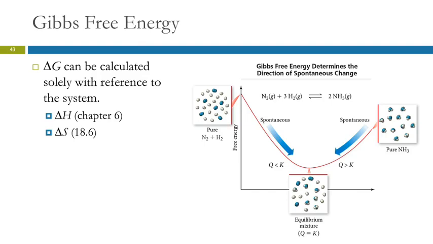The reaction will change until Q is equal to K. If we started with pure ammonia, it would also be a spontaneous reaction for this to react in the reverse direction, again, until Q becomes equal to K. So both of these are spontaneous processes, and what we're graphing here on the y-axis is the free energy. So the free energy is becoming less as we get to the equilibrium state.